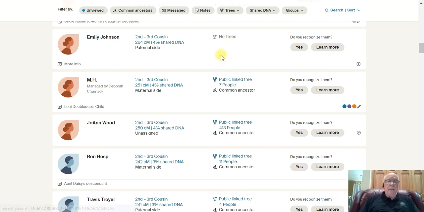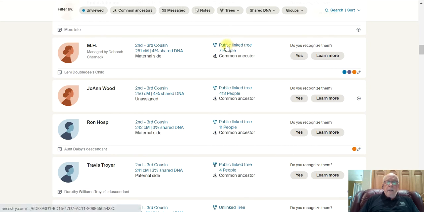So Emily Johnson does not have a tree established online. So there's no help for me to figure out how Emily Johnson is my second cousin. I'd have to do it all manually. But in the case of MH here, we not only have a tree that I could pull up and look at, but Ancestry has also identified a distinct, exact common ancestor we're related to, that most distant ancestor.